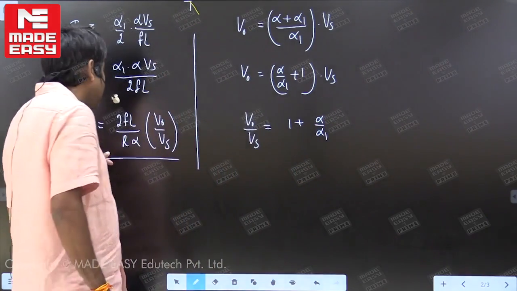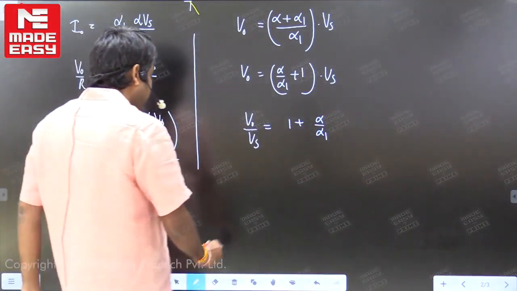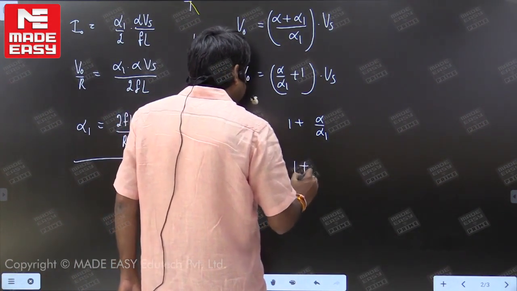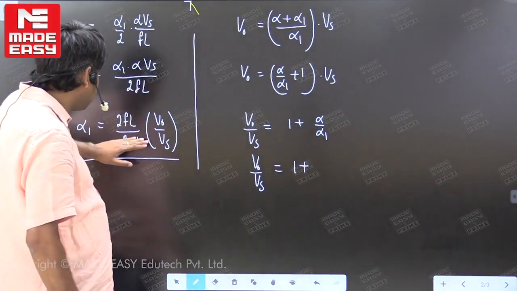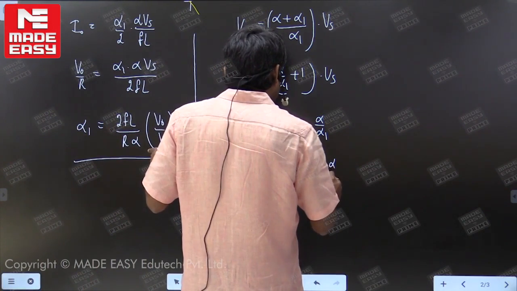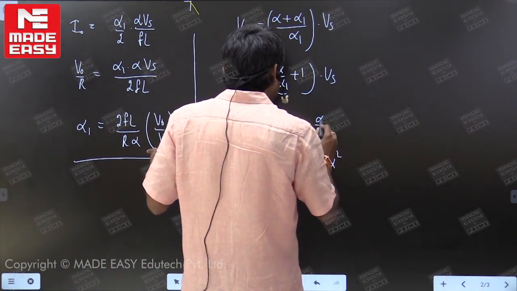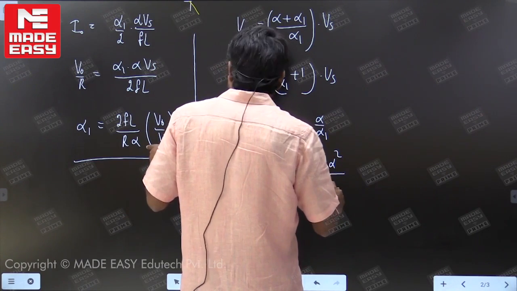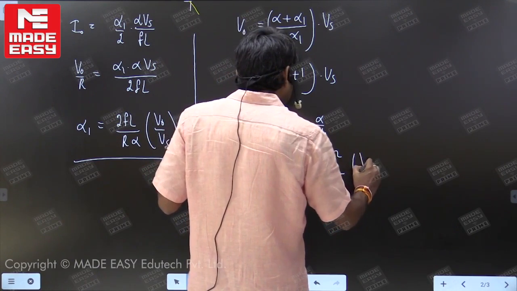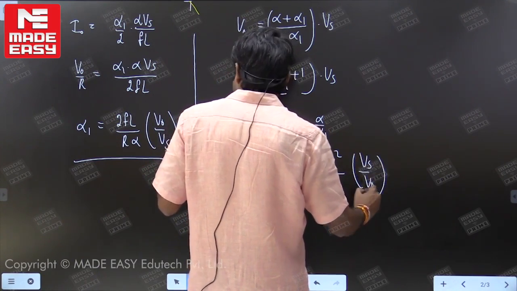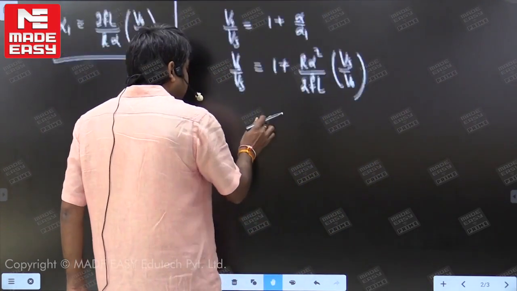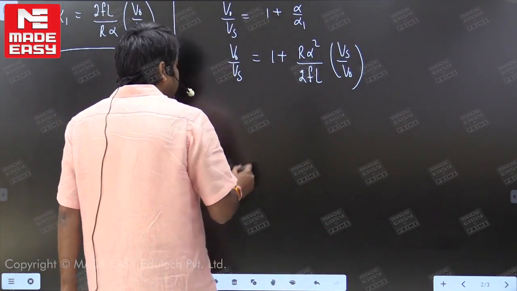I can rewrite this as V naught by Vs is equal to 1 plus 1 by alpha 1, and this comes to the numerator. 1 by alpha 1 means R into alpha square by 2 into F into L into Vs by V naught. Now multiplying by V naught by Vs, what do you get here?